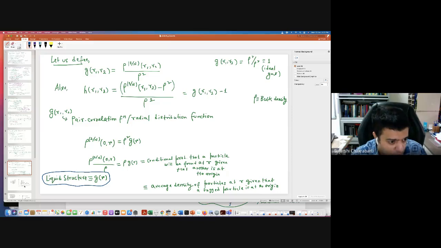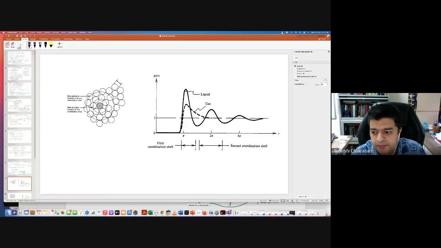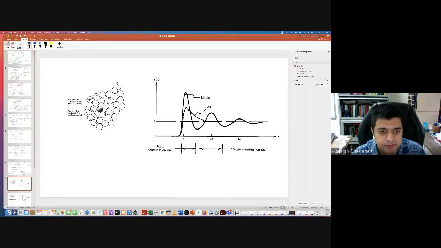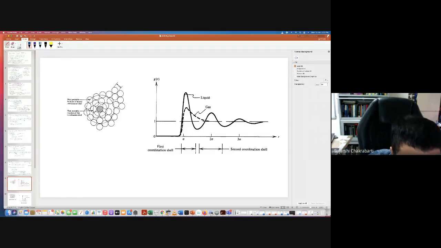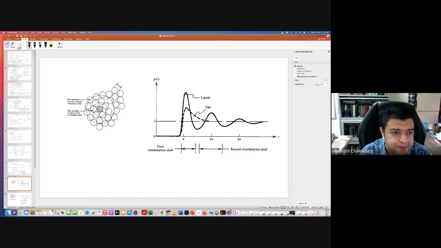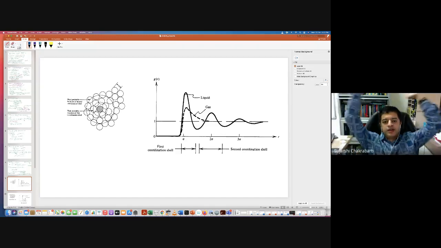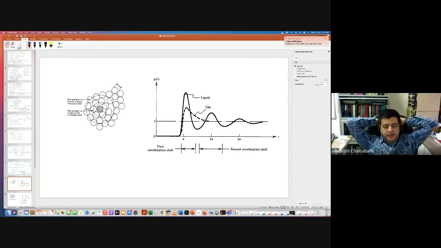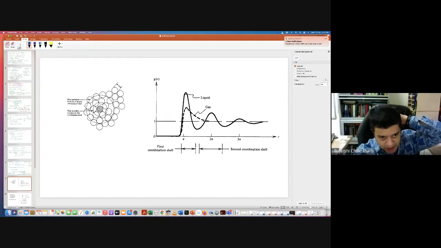So let us look at it carefully. Can you see this? This is a typical snapshot of a liquid. Can you see the picture, all of you? Yes, sir. So the one here, this is my tagged particle, and I assume this is my origin. I fix my origin at the tagged particle, the one at the center.